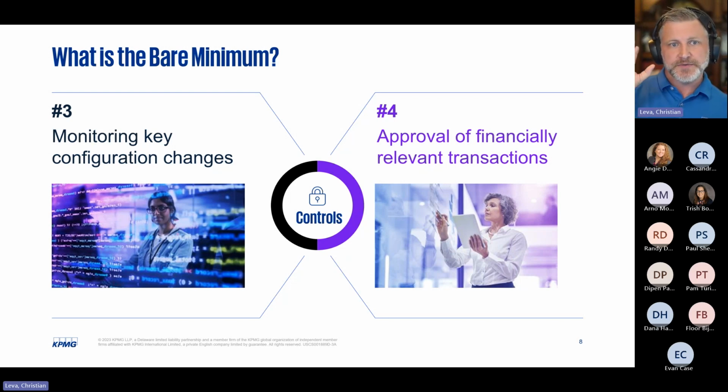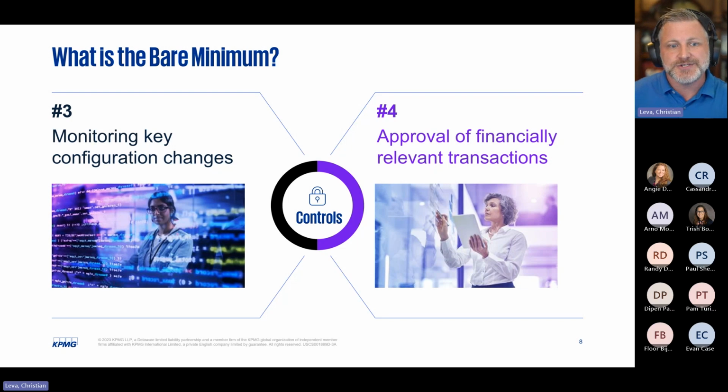The point is you have one with production live data, and you have one with non-production data. Anytime a change is requested for key configuration changes. Now, what do I mean by key configurations? These are things that drive your various transactions and that drive the workflow stuff that we were just talking about, right?